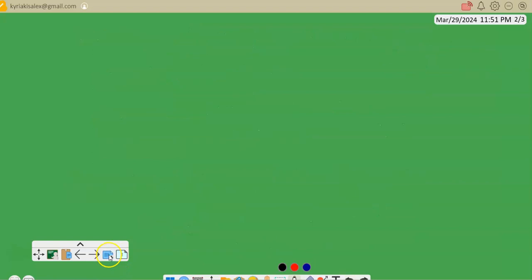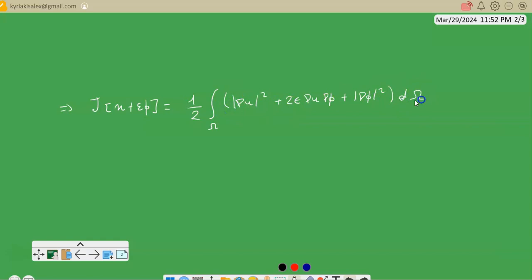We go to the next page. So we have that the functional J of u plus epsilon phi equals 1 divided by 2 integral over omega grad u squared plus 2 epsilon grad u grad phi plus epsilon squared grad phi squared d omega minus the integral over omega f of u d omega minus epsilon integral over omega f times phi d omega.